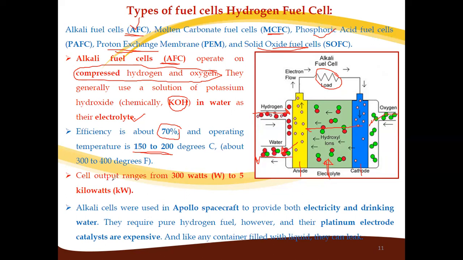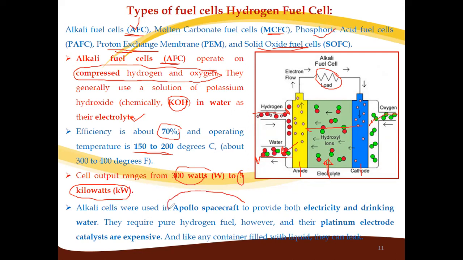This alkali fuel cell's output ranges from 300 watts to 5 kilowatts. So a single fuel cell produces this amount of power, from 300 watts to 5 kilowatts.